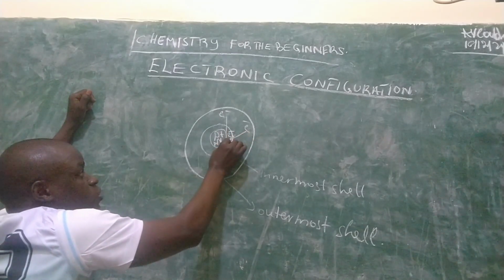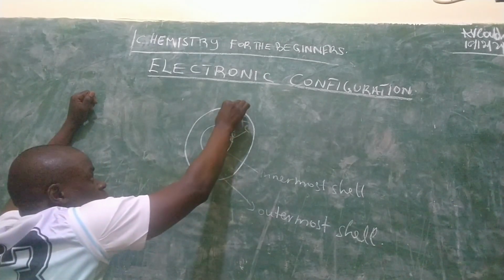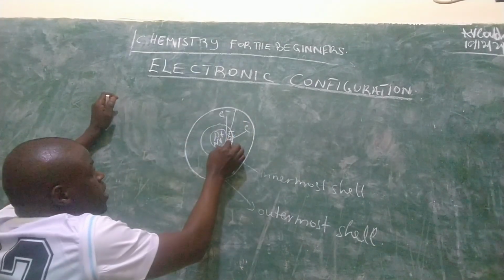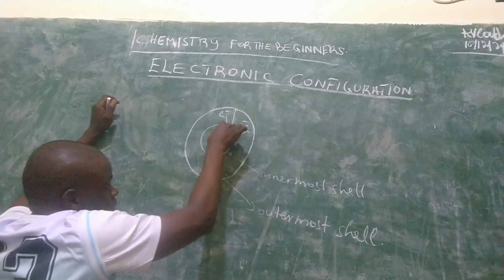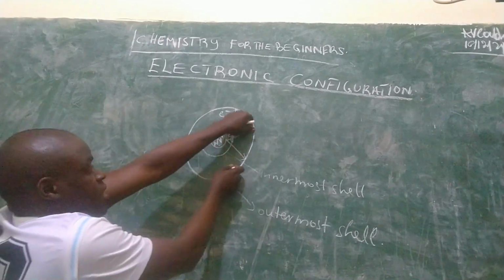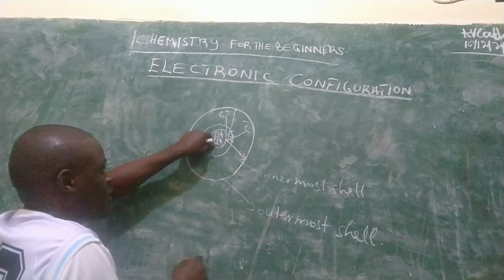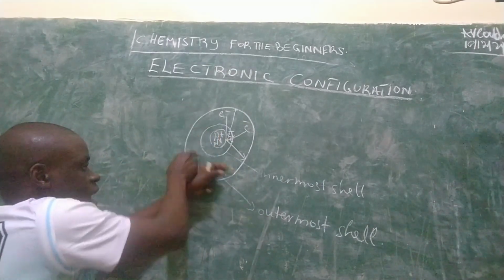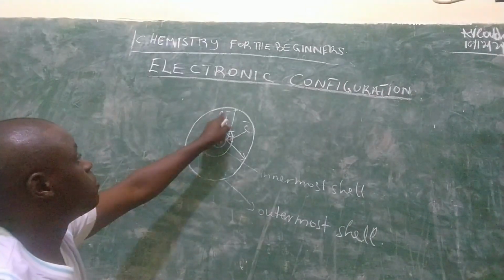One coming from here can jump to some level here when running to repel with this one. This zigzag movement of attraction and repulsion gives these electrons their energy levels.